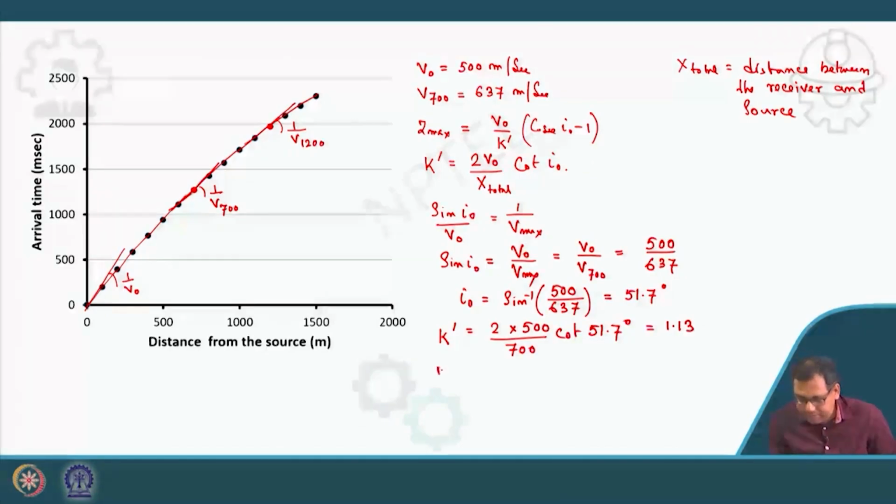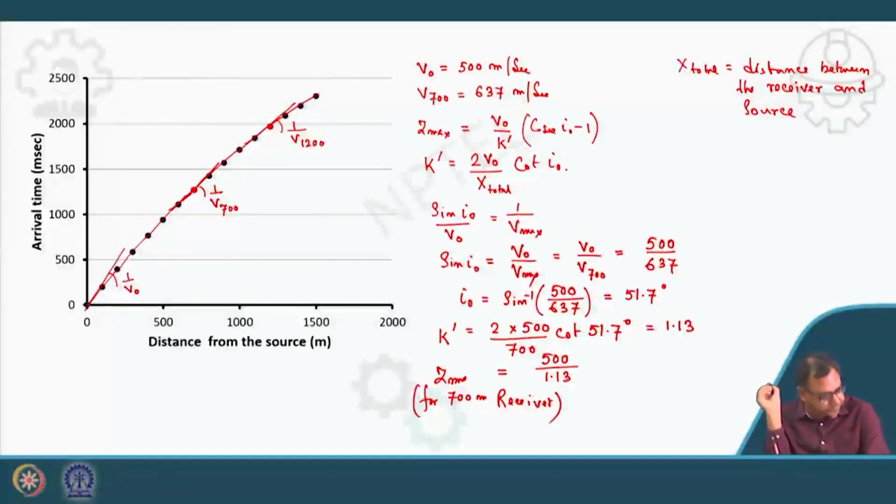Now I will get the Z max for the 700 meter receiver. So Z max is V0 500, K dash 1.13, then cosec I0, 51.7 degree, minus 1.